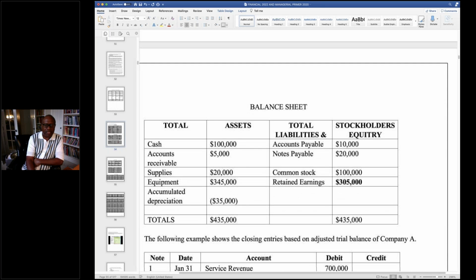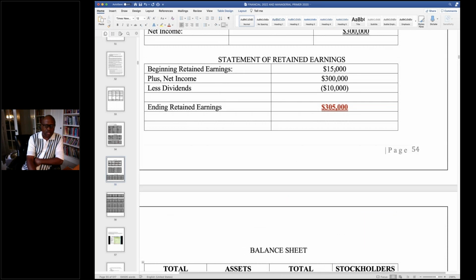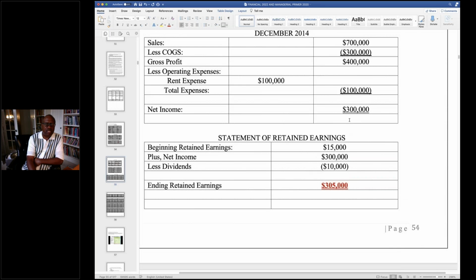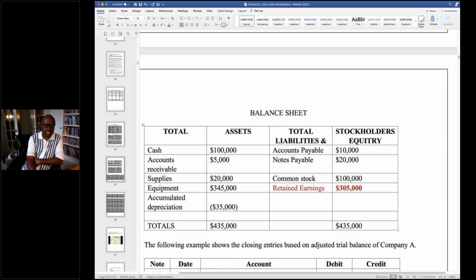So we do the balance sheet, and you can see that this number is in here at 305. If you don't put the 305 in, you won't balance. You've got an old retained earnings and a new one. And because you're closing out all of these accounts below that, you've got to put the new retained earnings in.